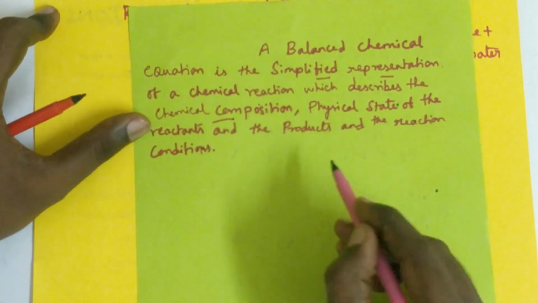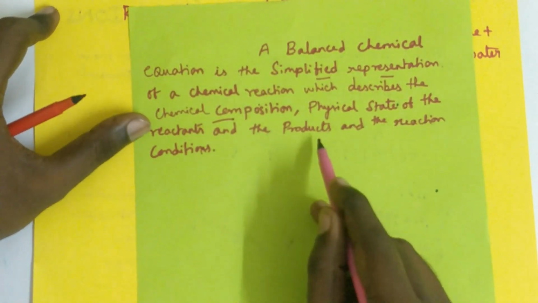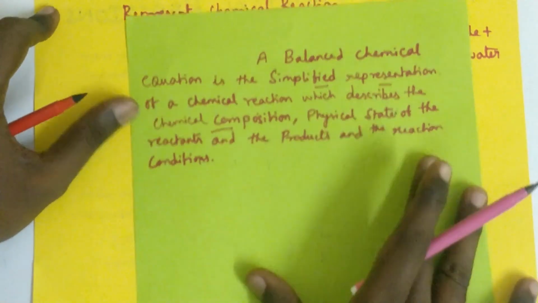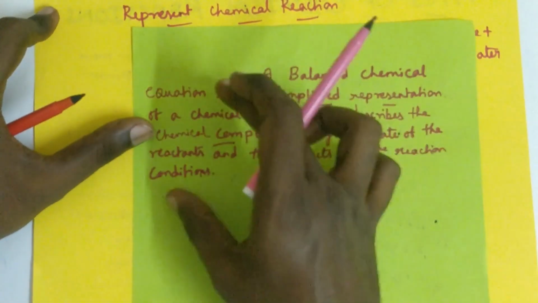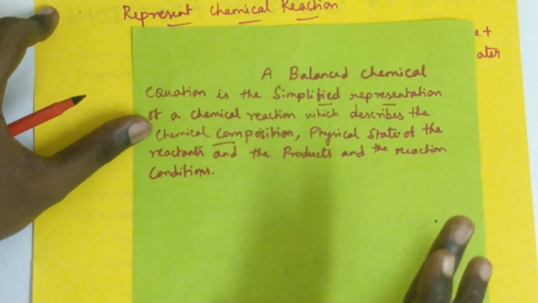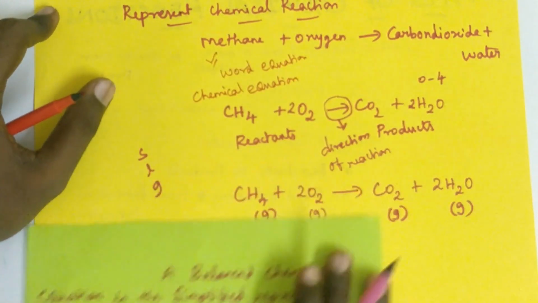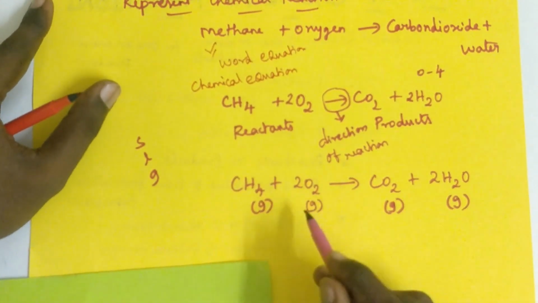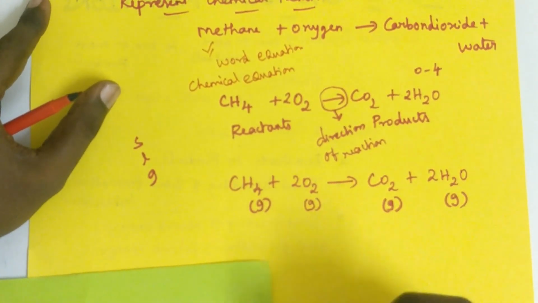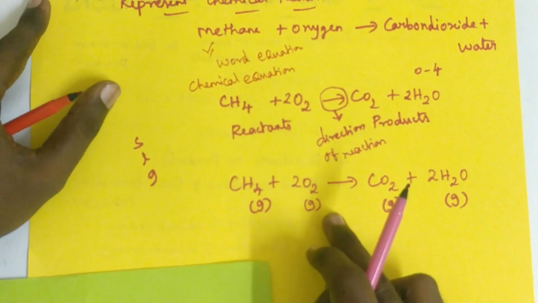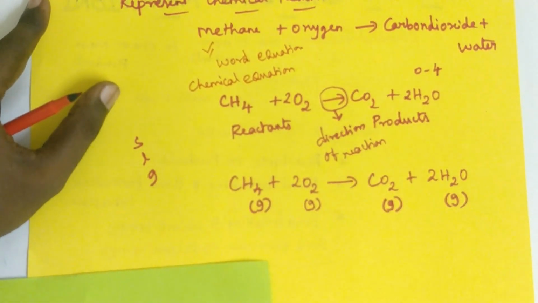So you have to mention the physical state of the reactants and the products, and the reaction conditions. This is the definition of a balanced chemical equation. So always remember when you are writing a chemical equation, you have to represent the physical state if necessary, with the subscript. Otherwise, you balance the equation, that's enough.